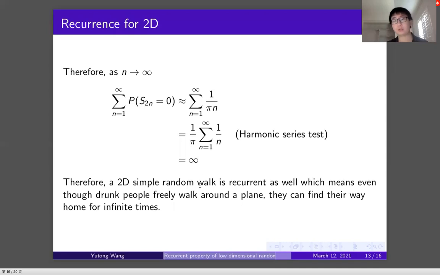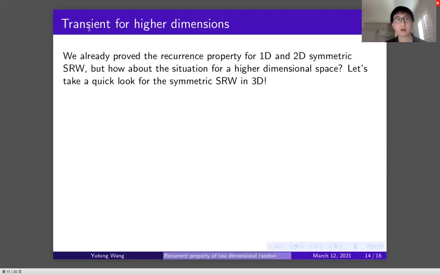So the two-dimensional random walk is also recurrent, and the drunk person can find their way home infinitely many times as long as they walk around a plane.